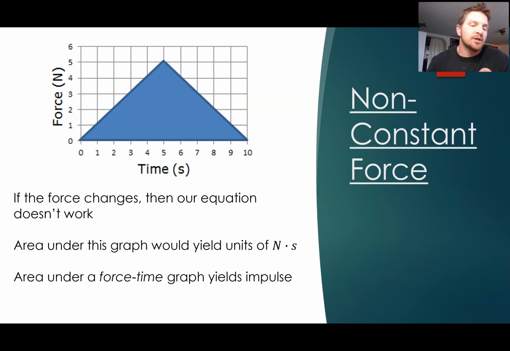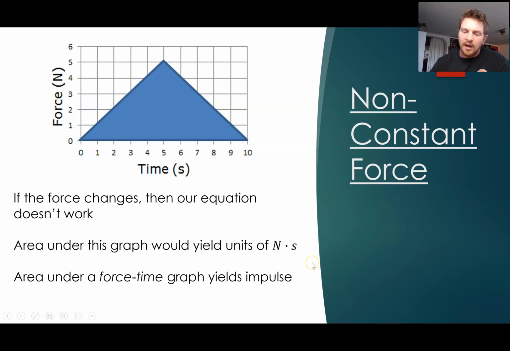If there's a changing force, that force will be graphed over time. The way that we can find the impulse for that is to take the area under that curve. If you shade in all of the area underneath this line, base times height of that would give us newtons times seconds. So the area under a force time graph is going to give us impulse. That's the really important thing to remember.